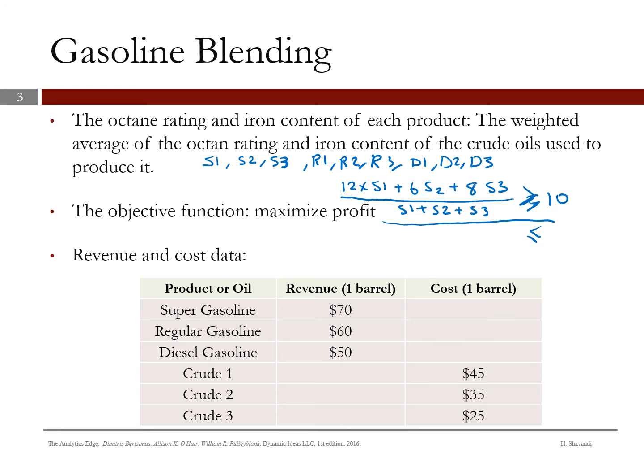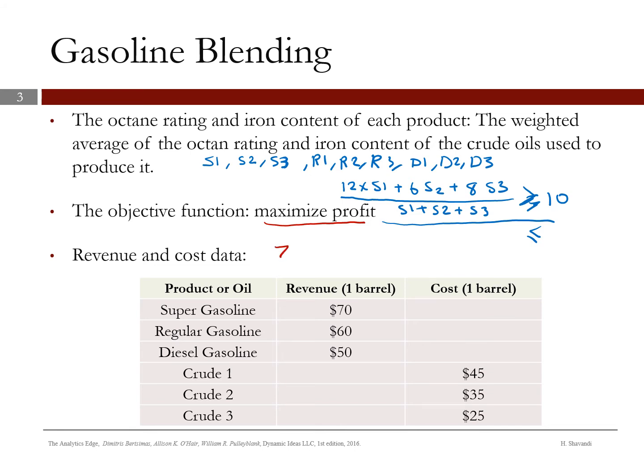And for the objective function, we want to maximize the profit. So the profit would be the difference between the revenue and the cost. So let's consider one of the products like the super gasoline. Each barrel of super gasoline is going to be sold for $70.